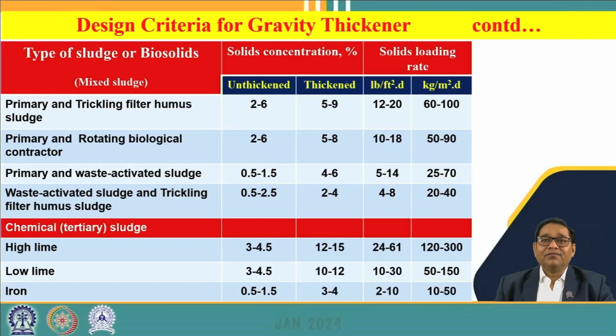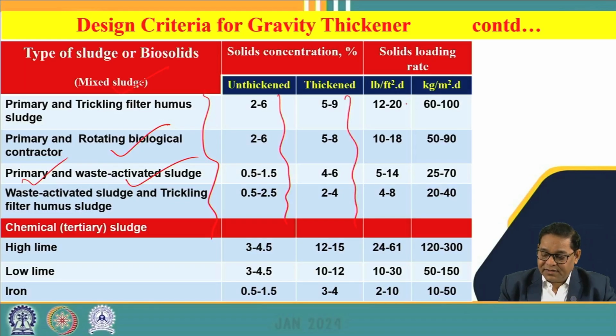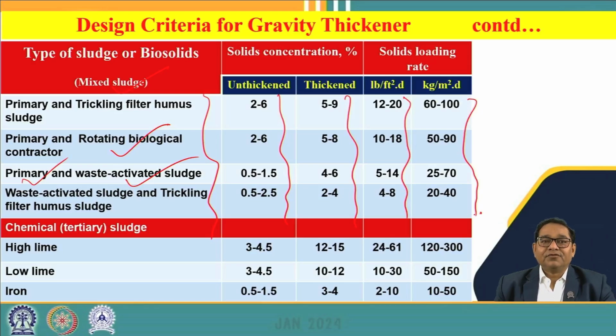Here we also have mixed sludge, which is primary sludge plus trickling filter sludge, then the sludge generated from the primary treatment process and RBC process, and then primary and activated sludge process. These are the percentage solids, and then these are the solid loading rate criteria that we have to take during design of this gravity thickener.